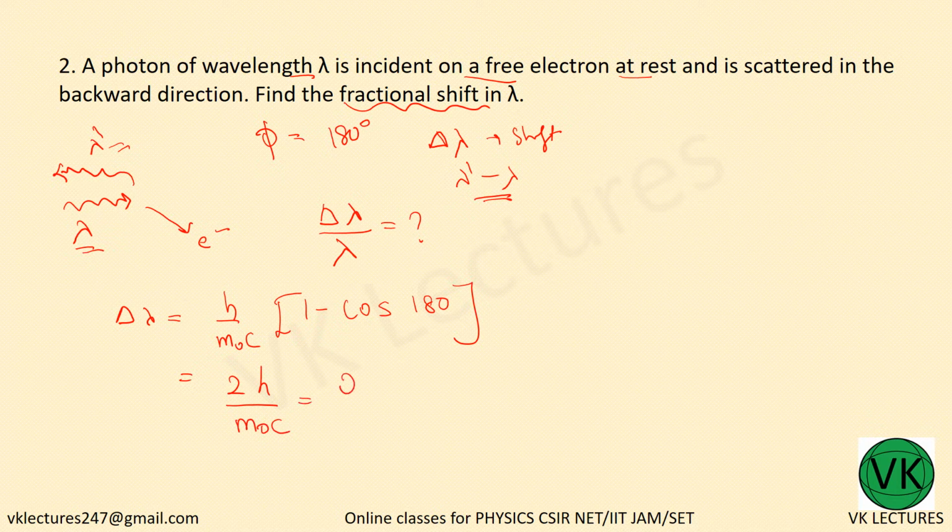That is equal to 2 times lambda c, because h by m naught c is nothing but the Compton wavelength. So what is delta lambda by lambda? Delta lambda by lambda is equal to 2 times lambda c by lambda. So this is the answer, 2 times lambda c by lambda. This is the fractional shift.